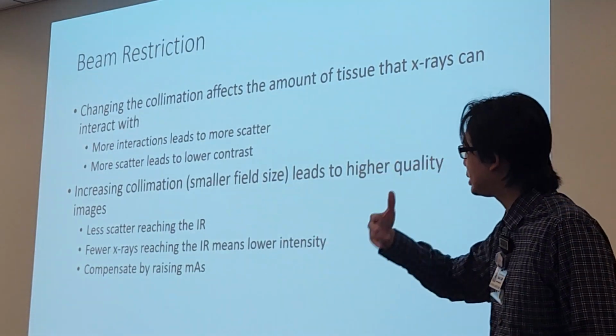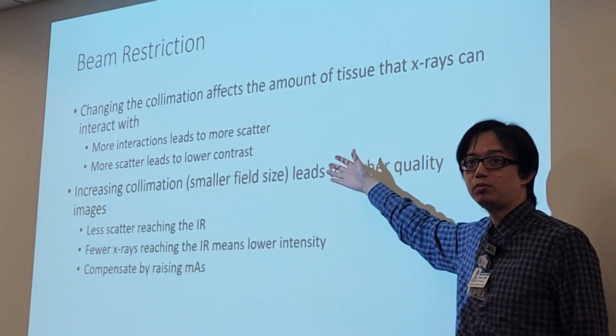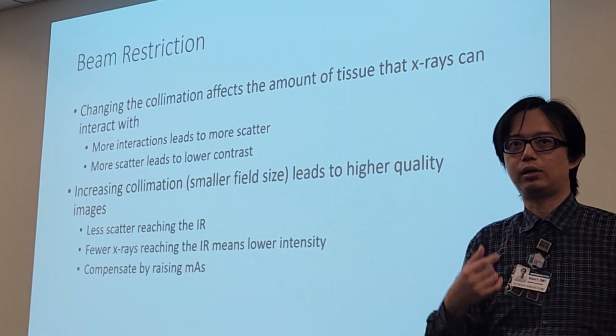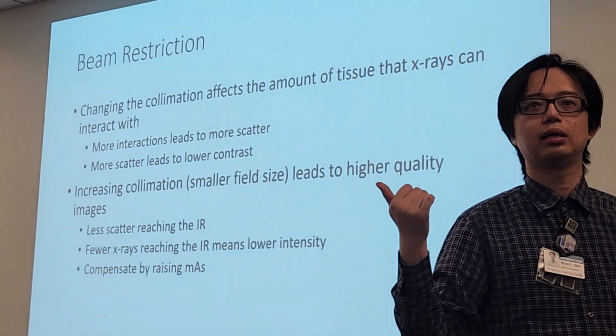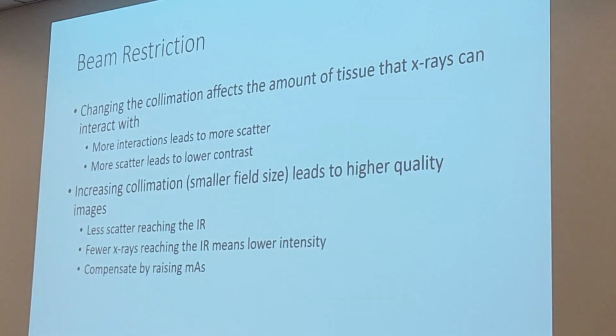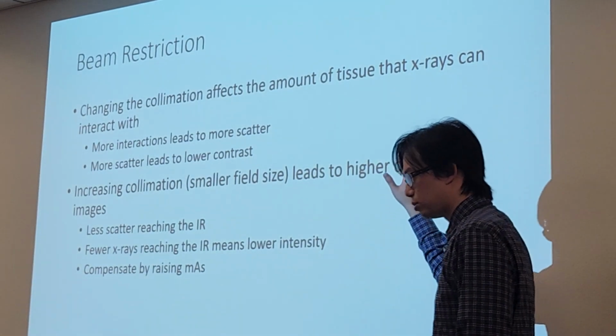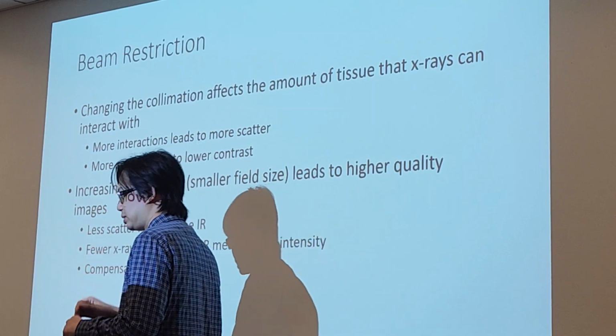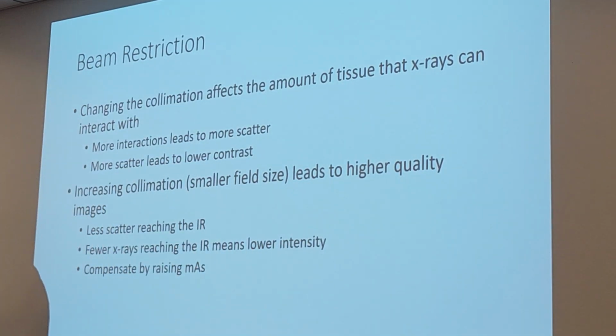So we want to increase our collimation. We want to make the light field smaller so we get a higher quality image, right? Less scatter, less fogging, higher contrast. Now, yes, if you collimate, you have less X-rays reaching the IR, so you may need to raise mAs very slightly to compensate.